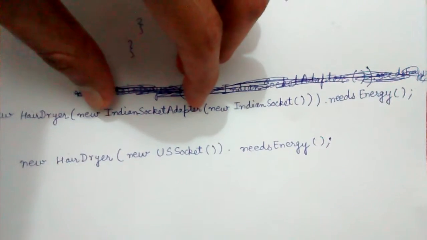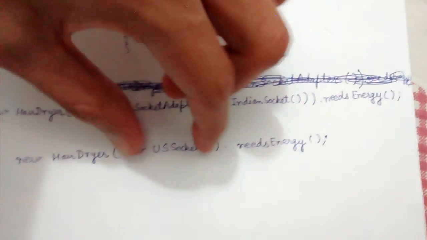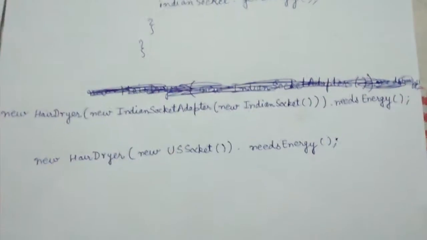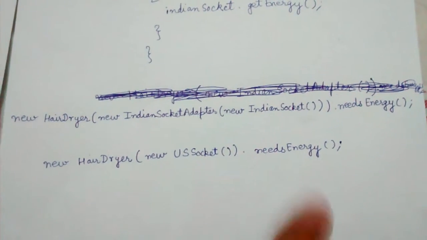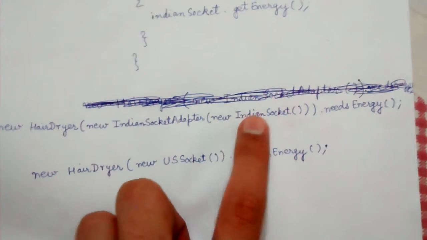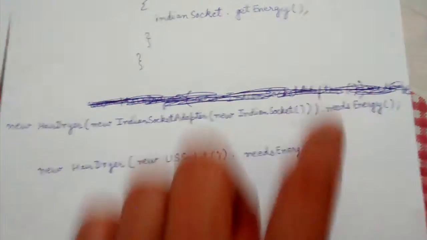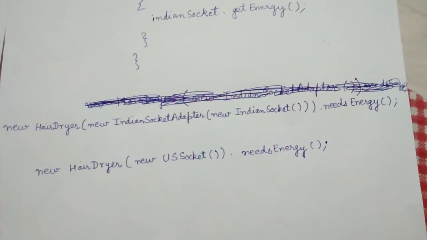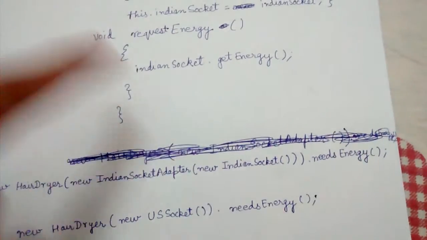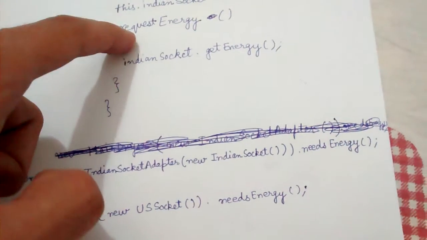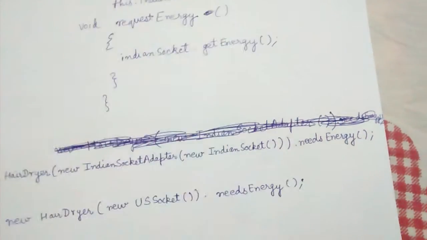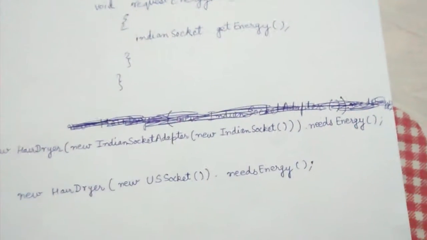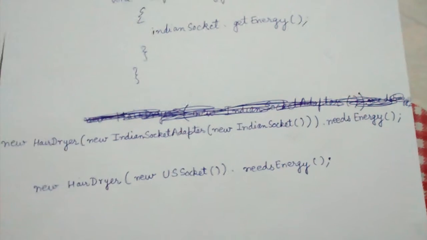The Indian socket adapter behaves exactly like a US socket would, because it also follows the socket interface, and internally it is encapsulating an Indian socket object and transforming any request energy calls to Indian socket.get energy. So this is the crux of the thing. I think I've tried to explain it.